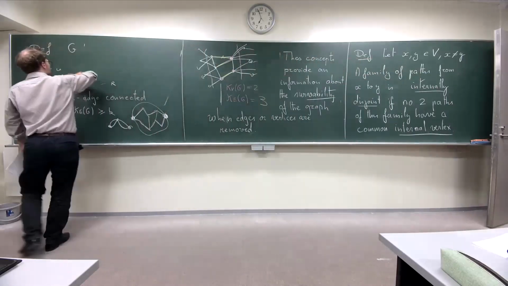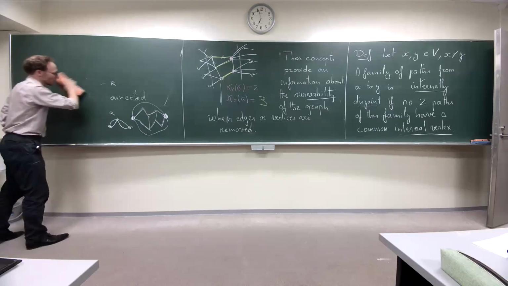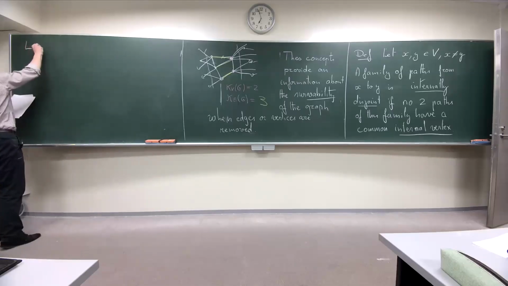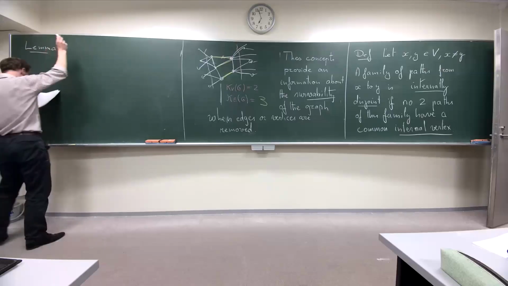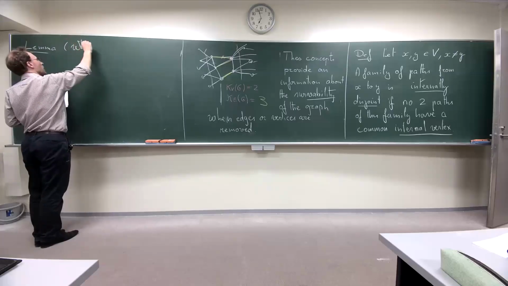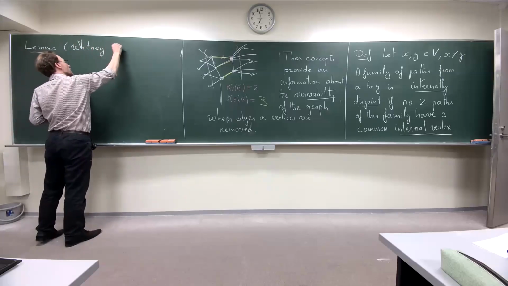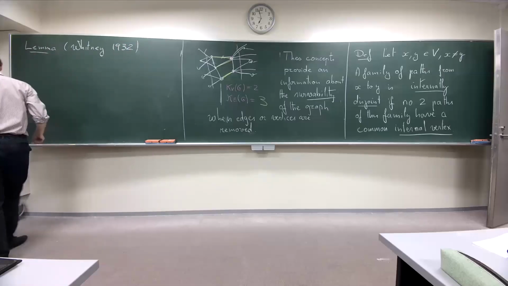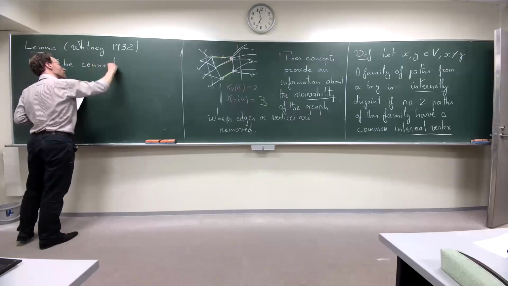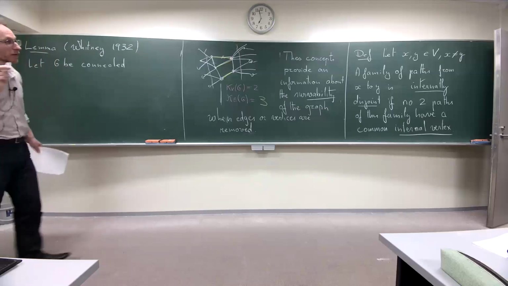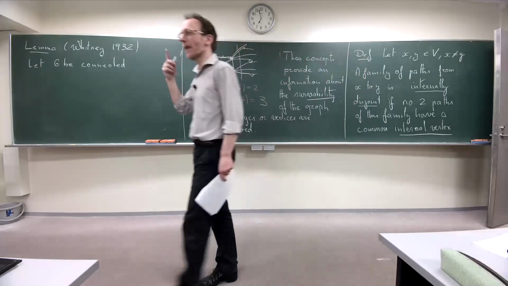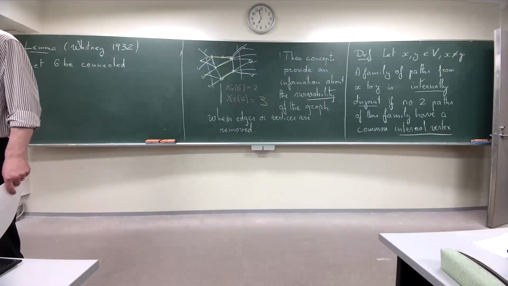And now we have a very old theorem, 92 years old. It's a lemma. I told you things are quite natural today, you will not be surprised. It's called the Whitney theorem or Whitney lemma. Let G be connected. And by the way, just observe that I took a path from X to Y because I always try to cover graphs which are oriented.